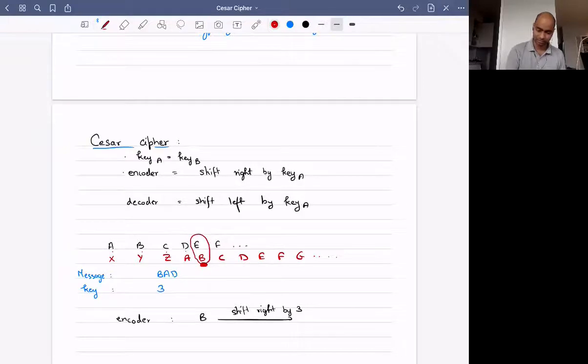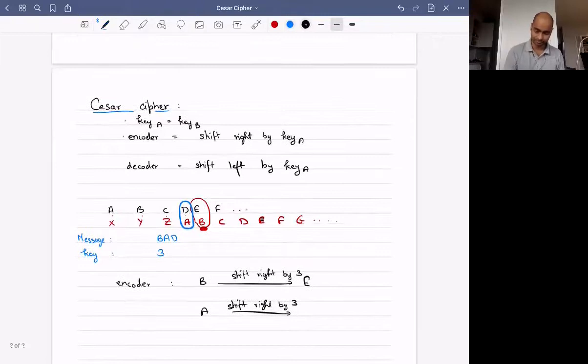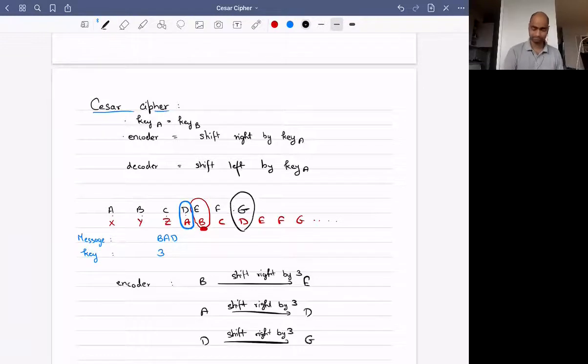And that gives me E. Then A shifted 3 to the right. So this is A, it's shifted 3 to the right, and that is D. And then D shifted 3 to the right is, I need to write one more letter, that is G.